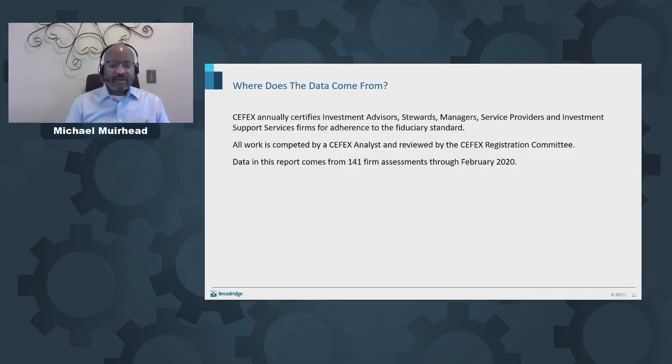So let's talk a little bit around where the specific data comes from for this particular section. So at CEFEX, on an annual basis, we create what we call the assessment data report.